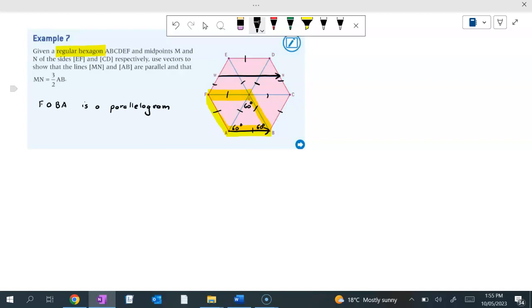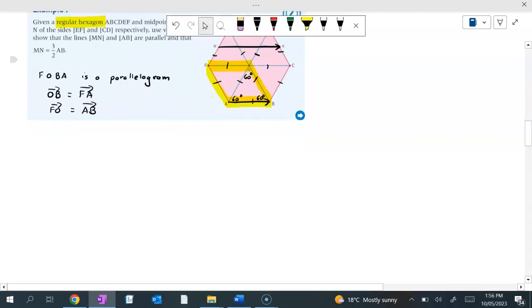I know that because FO must be the same as AB, and BO must be the same as AF because all lengths are the same. We could also show that they're heading in the same direction by angles, but it's enough to assume that they are going in the same direction from the diagram and because it's a regular hexagon. So because of that, I can say that OB must be the same vector as FA, and FO must be the same vector as AB.